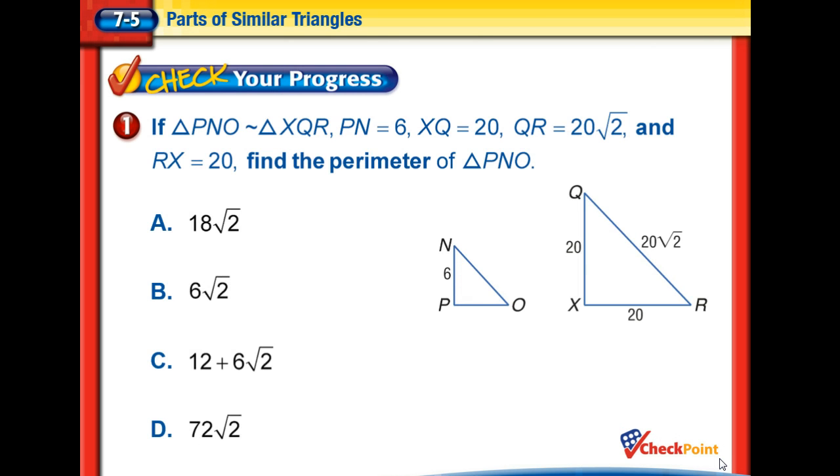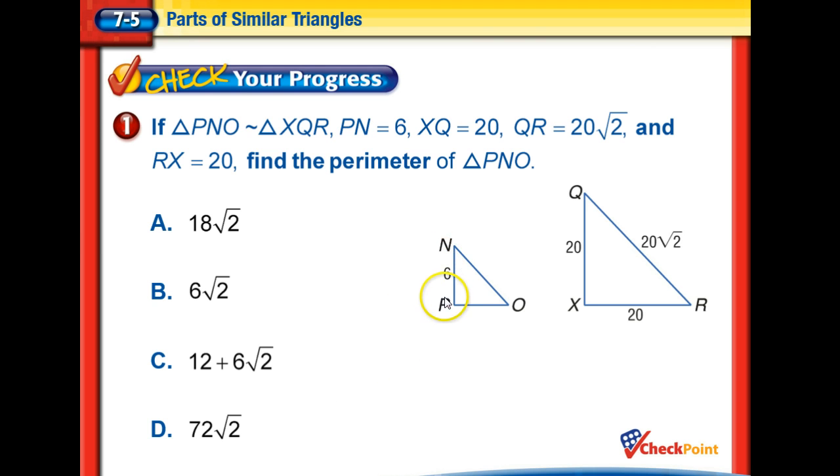So here's one for you to check. And again, I need to see the proportions that you write. I should see your cross products, and I should see the final answer that you come up with. Now, if you don't want to keep the square root of 2, this means multiply 20 times the square root of 2 so you can turn it into a decimal, but then you'll need to compare each of these answers as decimals as well.